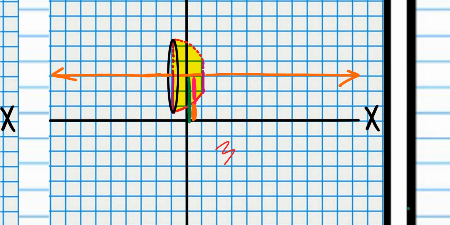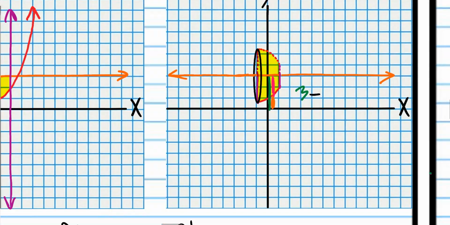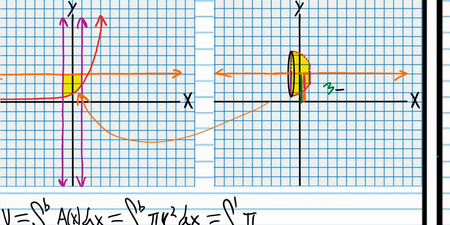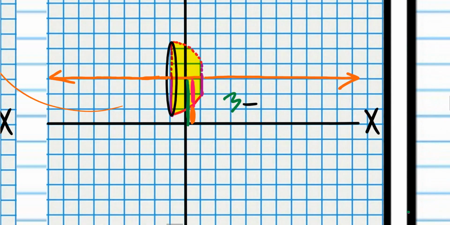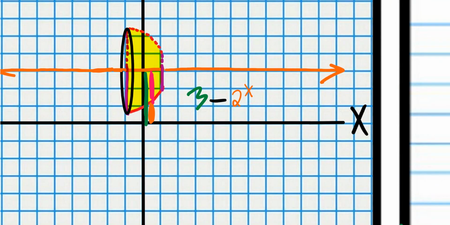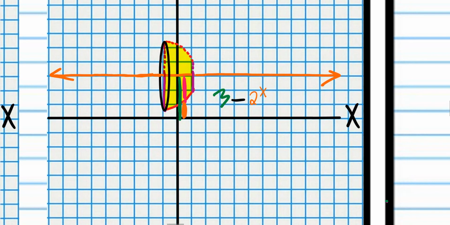We want the pink distance. That's the radius of each disk. But we're going to have to take the green distance, which is 3, and then subtract the orange distance, and the orange distance is the y value of that red function. That red function is 2 to the x. So the orange distance is 2 to the x. This, believe it or not, is the radius of each disk: 3 minus 2 to the x.